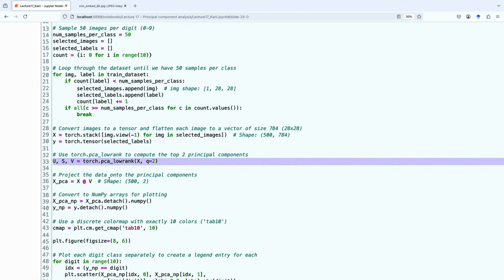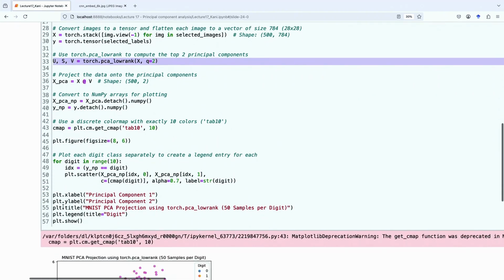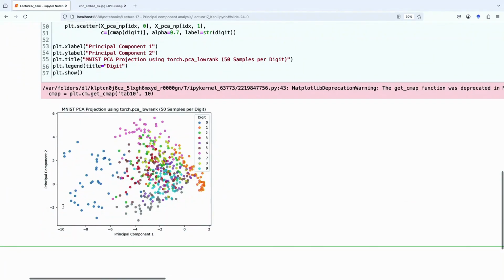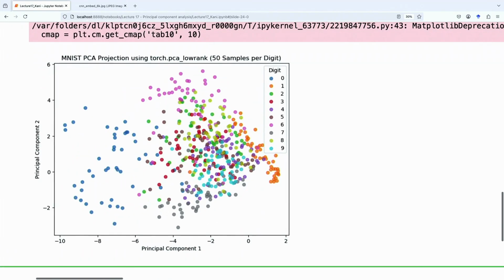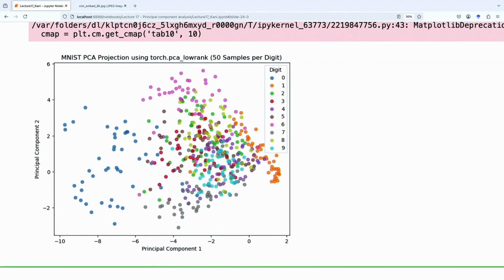We plot each of those images according to those principal components, and if we plot it on a 2D scale, we see that just running PCA on the data itself, no computation involved, allows us to see that a lot of the similar images are grouped close together, which I think is kind of cool.